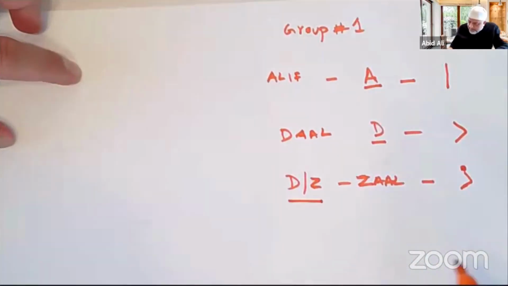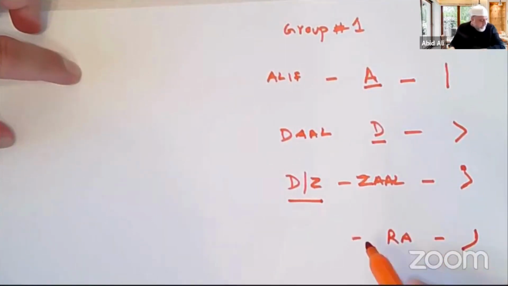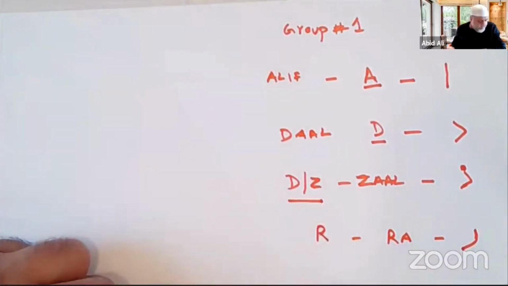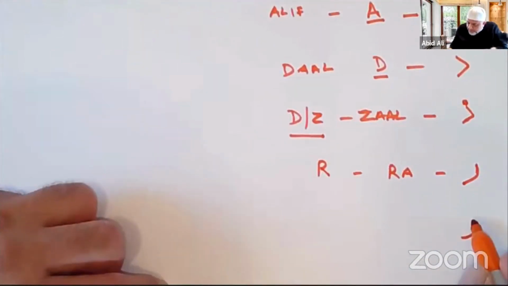The next letter is Ra, and the English counterpart is letter R. So far, so good. Then the next letter is Zai.